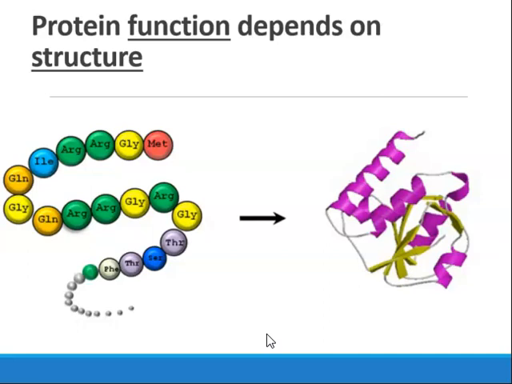And it all depends on going from a long chain of amino acids to these chains all of a sudden folding in on themselves, forming folds and pleats and becoming a more complex structure. And that structure helps determine the function of the protein.